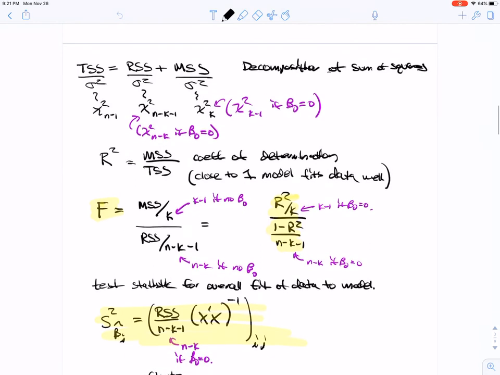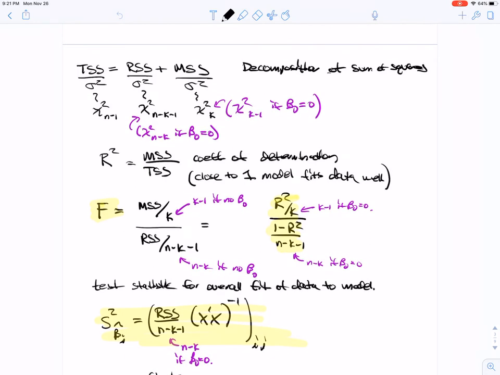In other words, when the data fits the model well, the RSS is close to 0. Sorry, that's not right. I meant to say that MSS over TSS is 1 minus RSS over TSS. So when RSS goes to 0, R squared goes to 1.